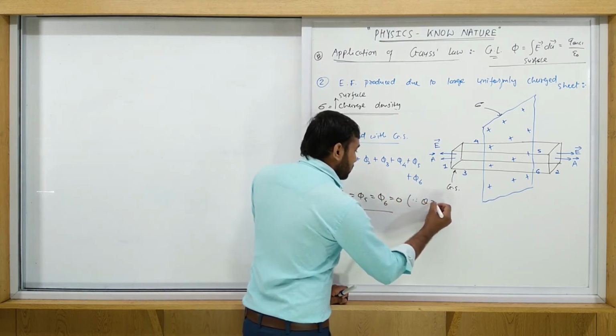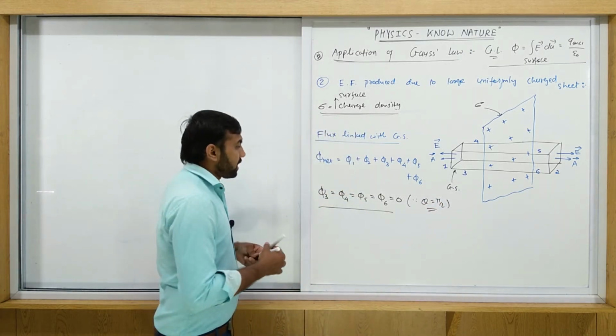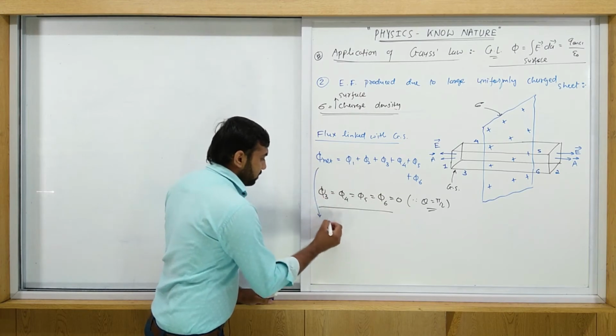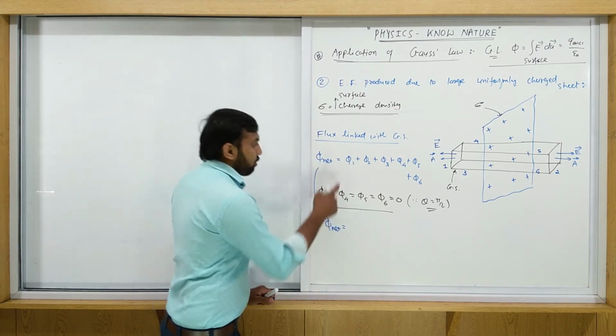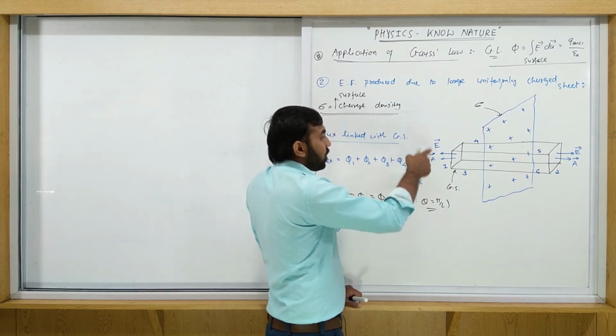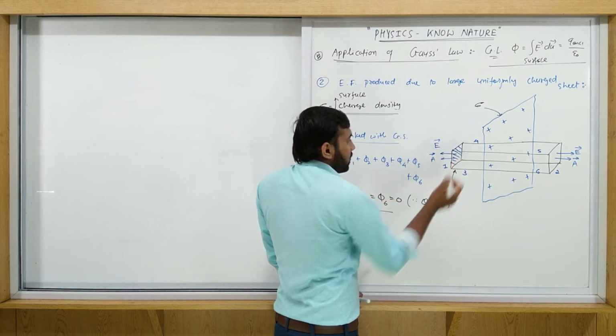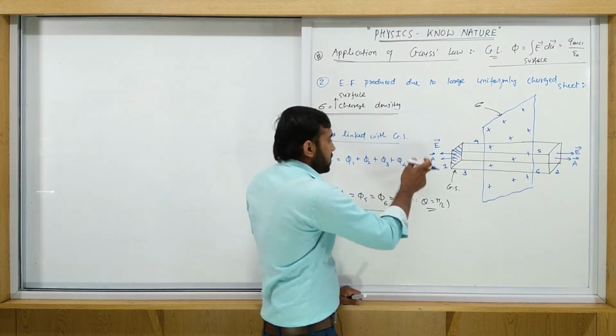Why? Because theta is equal to pi by 2. So write down the remaining terms here. What is phi net? Phi 1 means the first face. What is this angle? 0. E into area. Consider this area, this area is equal to A. So E into A.